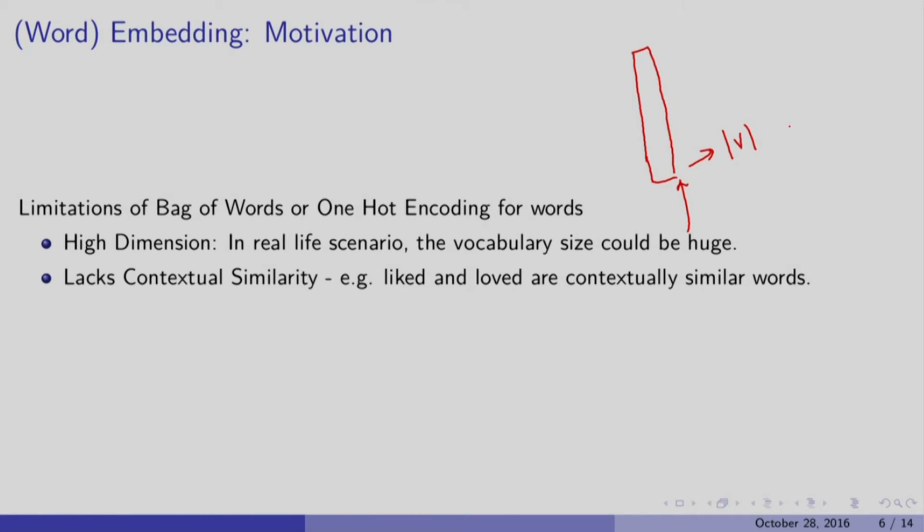The second problem is that we are unnecessarily ignoring contextual similarity. Liked and loved are contextually similar words, but somehow that is ignored in the bag of words model. So we are posing the following question: how do we learn a model of interplay between the word representations given the context, even while ignoring the class label?